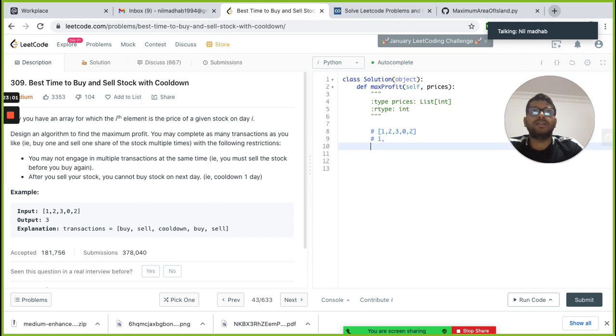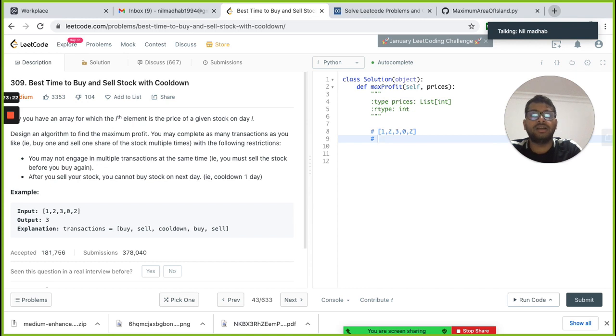And if I buy, then I have to sell at some later day, and then I can do it again and see the maximum profit that I can make. I just try all the possible combinations.